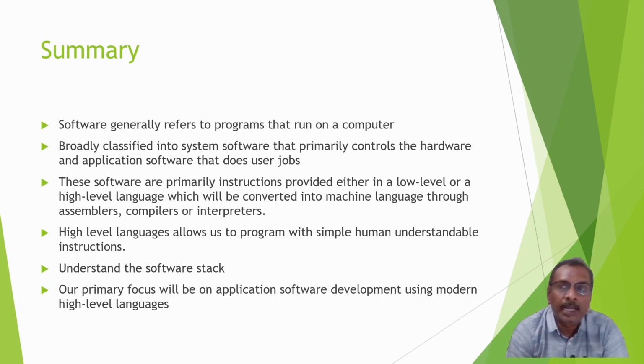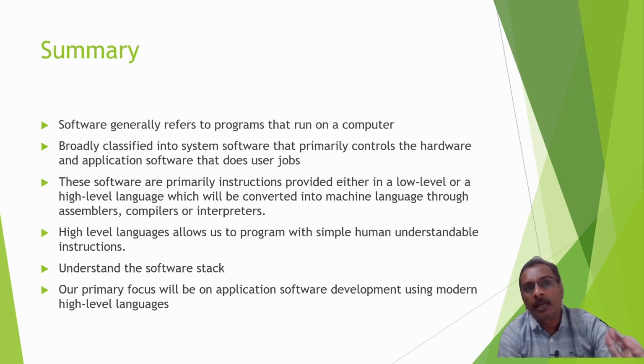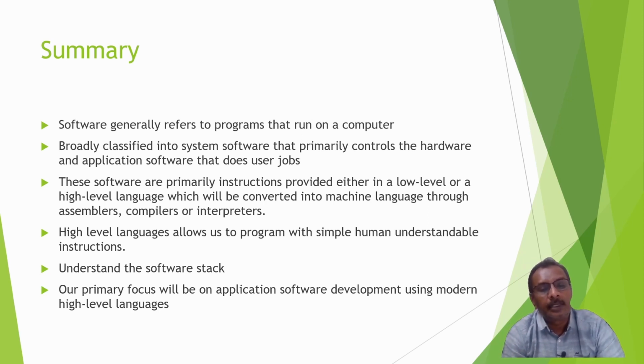Sometimes compilers have some advantages and some disadvantages, and interpreters have some advantages and disadvantages. There are trade-offs, and we will discuss that in another session. But compilers compile the program in its entirety, and interpreters execute it line by line.